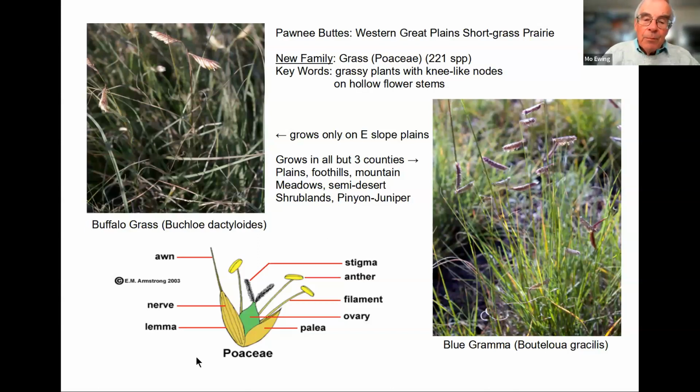But this is another plant, like the aster family, which has a really highly evolved structure, which I'm going to go through here. Here's your sepal down here, but they're different. There are two of them, and they're different from one another. One of them is called the palea, and one of them is called the lemma.